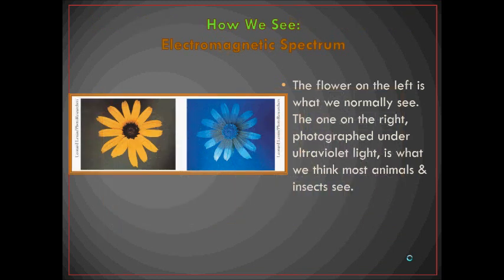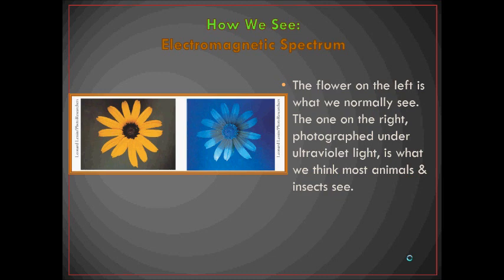Regarding our vision versus the vision of animals, the flower on the left is essentially what we normally see. There are a couple of different colors, an orangish yellow and a brownish black in the middle, on a shades-of-gray surface. The one on the right, photographed under ultraviolet light, picks up different light waves, and this is what we think most animals and insects see.